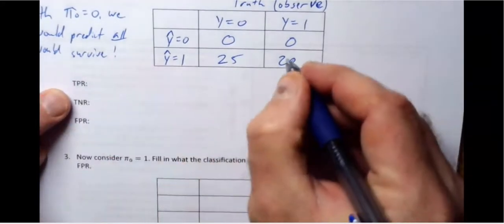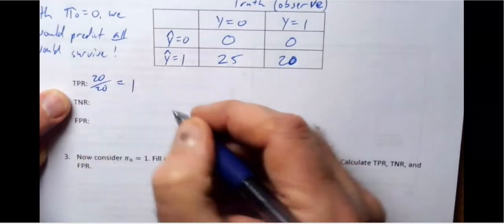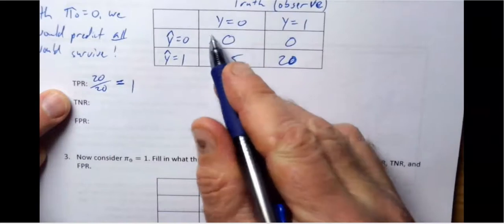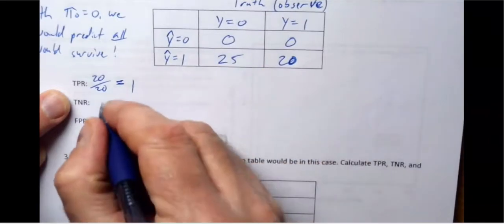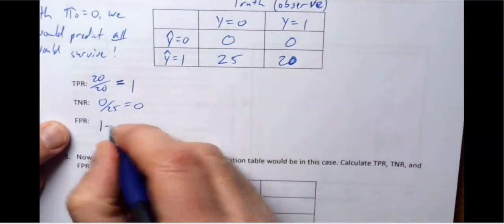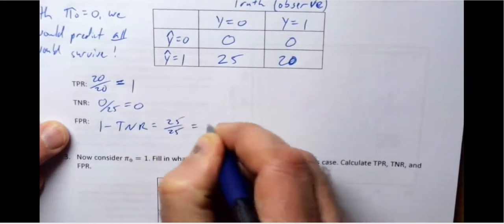So the true positive rate is 20 out of 20, or 1. The true negative rate is 0 out of 25, or 0. So the false positive rate is 1 minus the true negative rate, or 25 out of 25, which is 1.